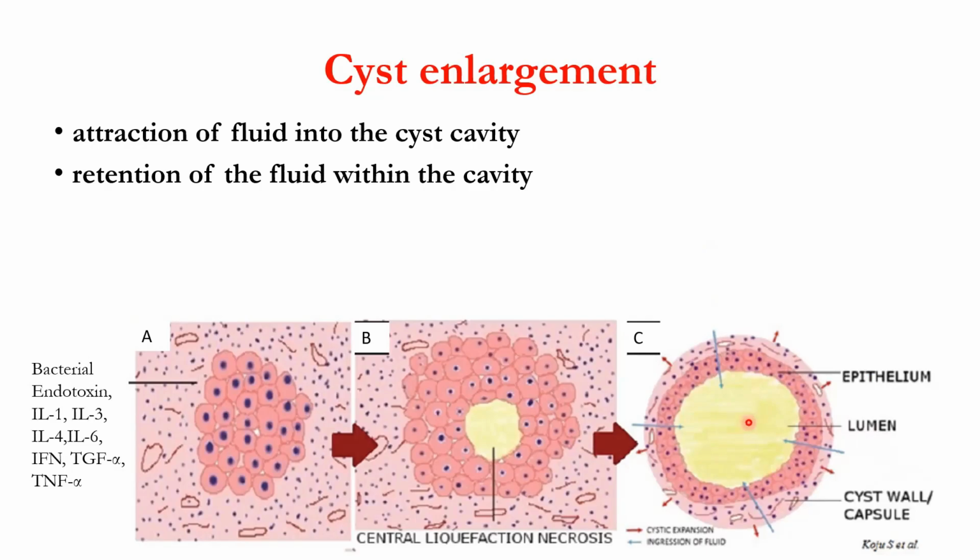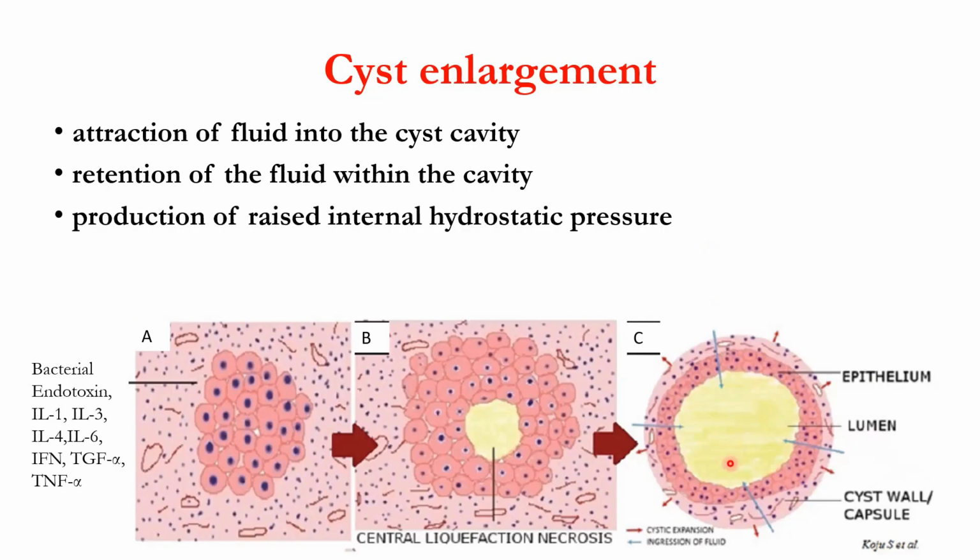This increases the hydrostatic pressure within the cavity, right? And this hydrostatic pressure in turn results in the expansion. So it's not just the fluid influx, it's also the hydrostatic pressure. Both of them together result in the expansion of the cyst.